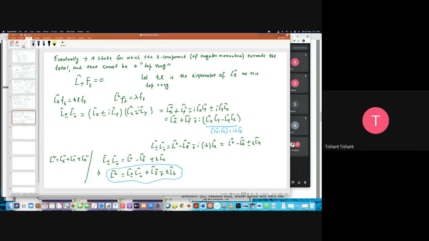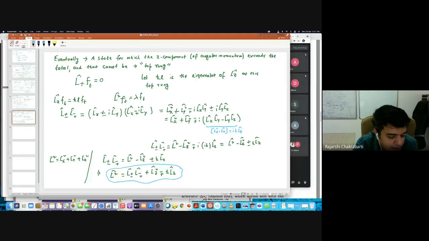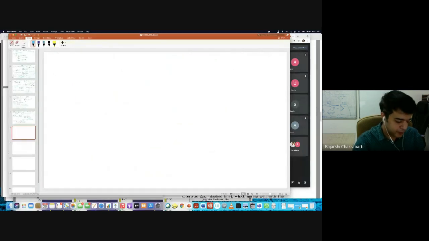Okay. So now I have expressed L square in terms of L plus minus L minus plus Lz square and then minus plus ħ Lz. Is this clear to all of you? So now I am going to do this.